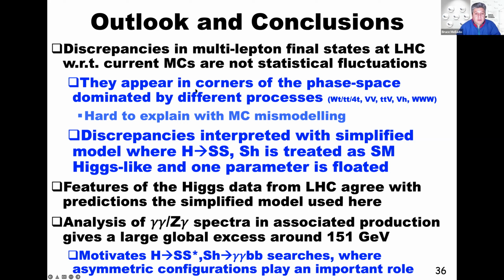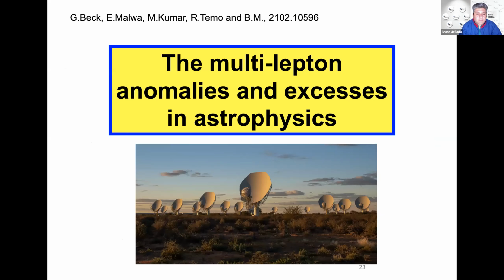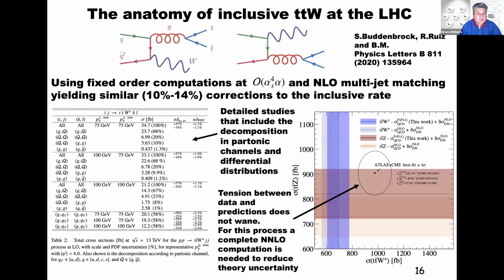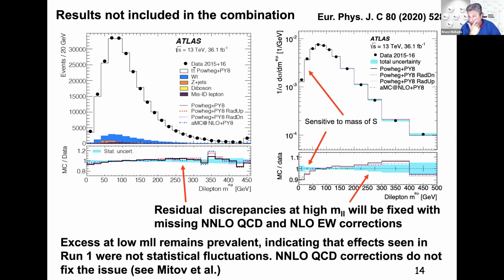Okay, so the first hints in my mind of something consistent with something around 150 came from the di-lepton data, because of the invariant mass of the two leptons. So if you have, for instance, S decaying to WW, the invariant mass of the two leptons will be slightly bigger than the standard model Higgs. So given the data, you can see clearly the discrepancy. It peaks at about 50 or so, so it's slightly heavier than the Higgs.